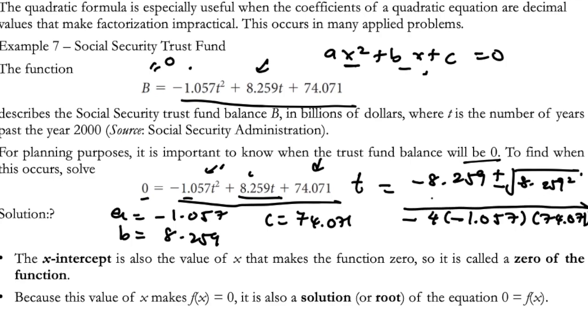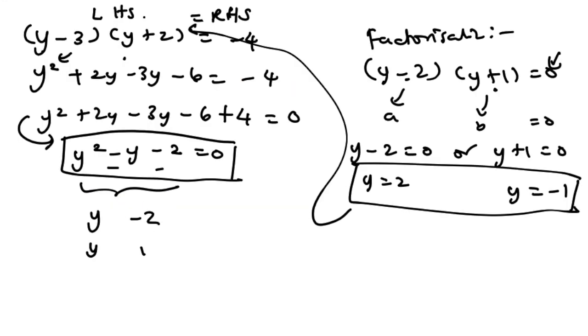So this one is continued here, and then the whole thing is divided by 2a. In this case, 2 times a is minus 1.057. If I write it properly, because it's very messy, let me rewrite it.